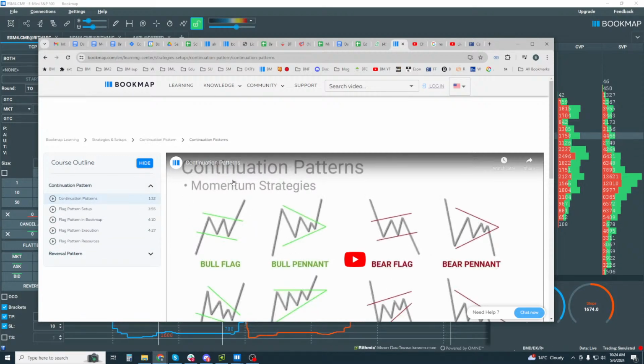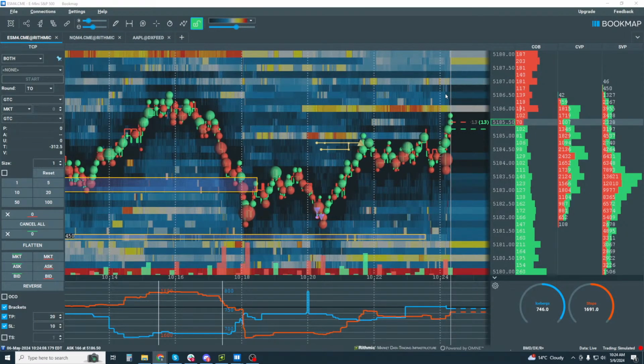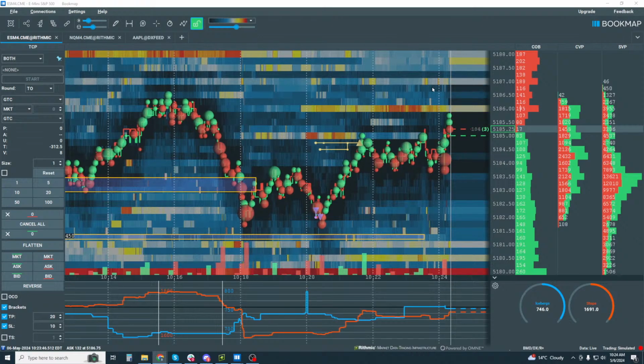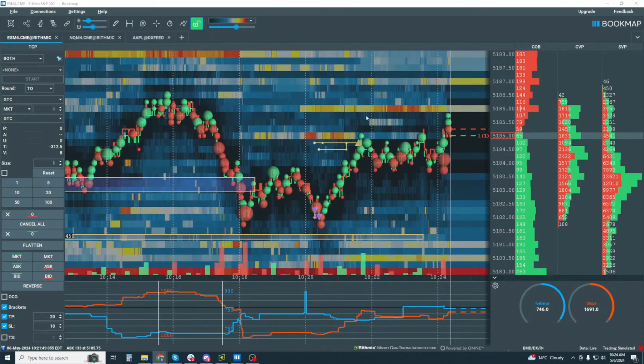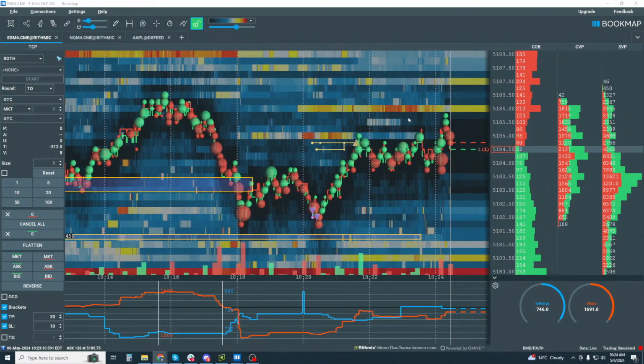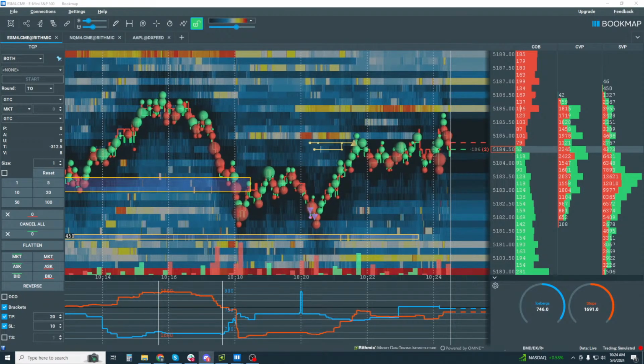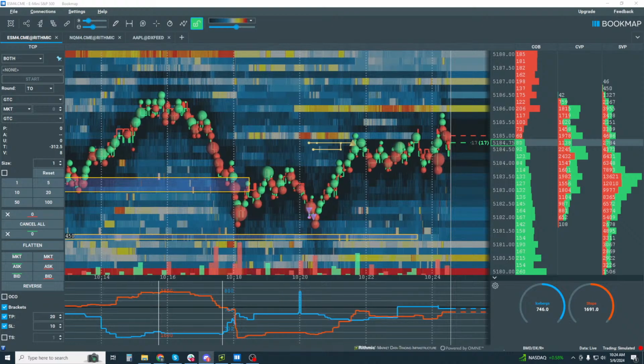But we don't have any range bound strategies, but we will be adding them soon. And what we're looking for in some of those range bound strategies, you know, acceptance or rejection at certain areas.